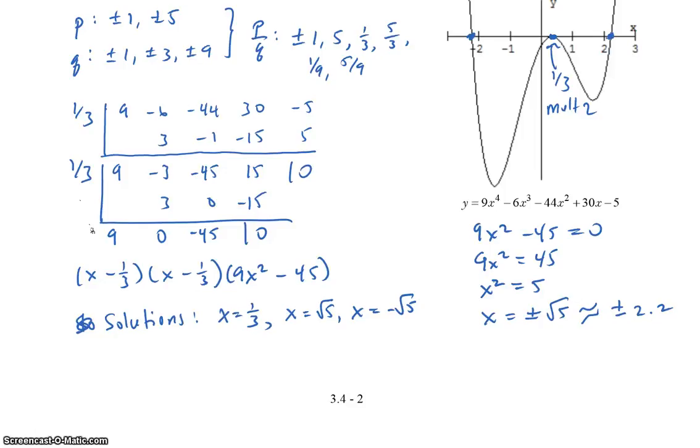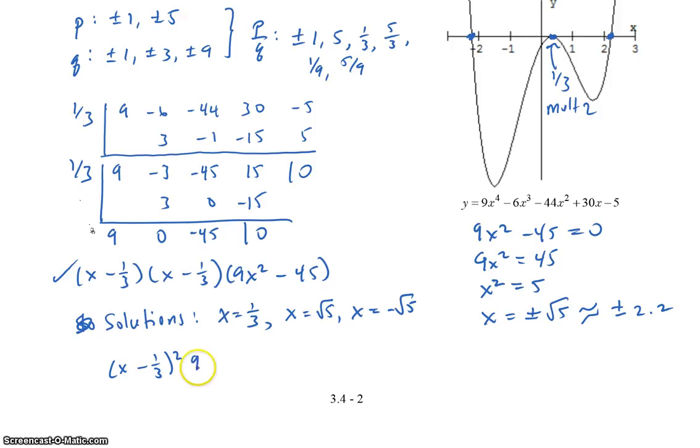I want to show you one more thing here. Cultural enrichment, but I think it'll be useful. We have a partially factored form here for our polynomial. Let me show you another way to express this. We basically have x minus 1/3 squared.